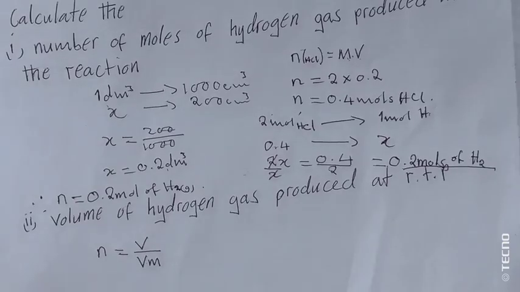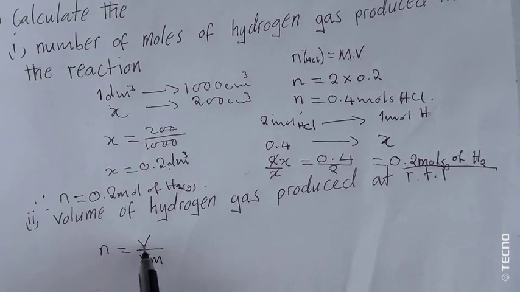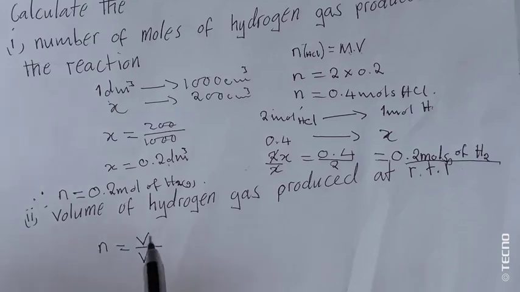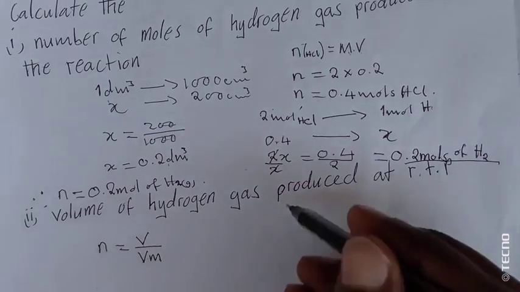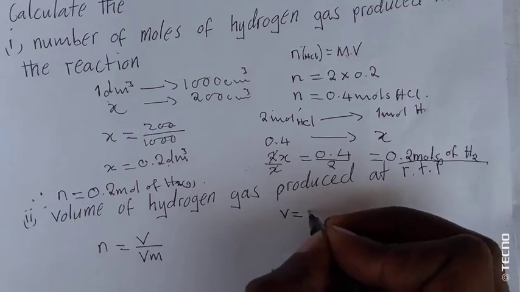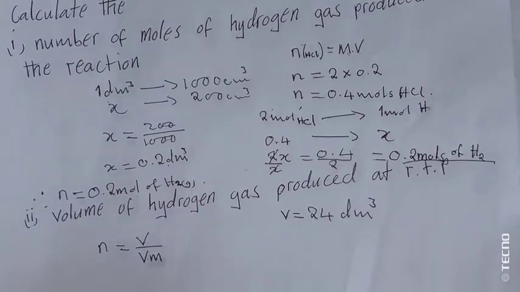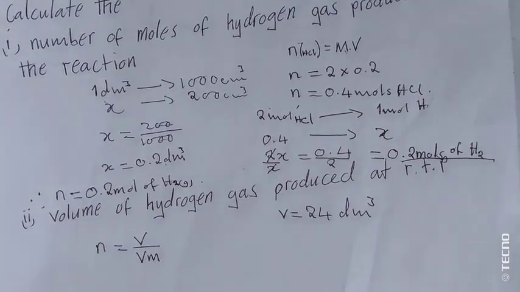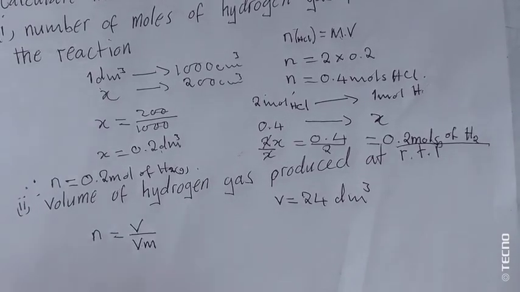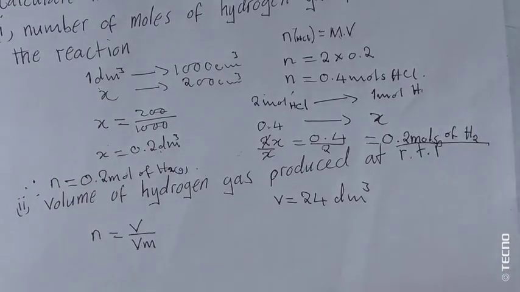This is the molar volume of a gas, and this is the physical volume which we want to calculate. At RTP you need to know that the volume of gas is equal to 24 decimeter cube. So this is the volume of gas at RTP.